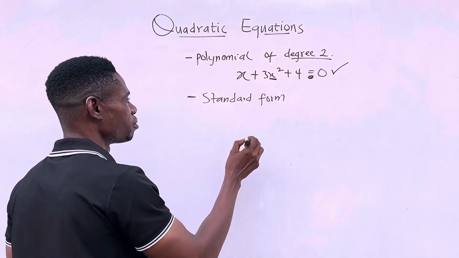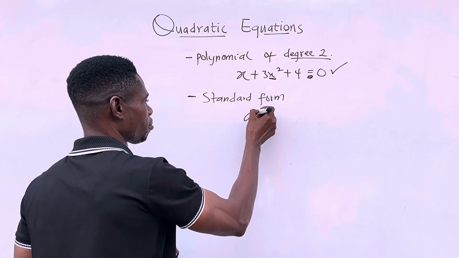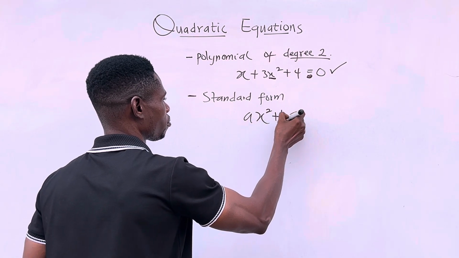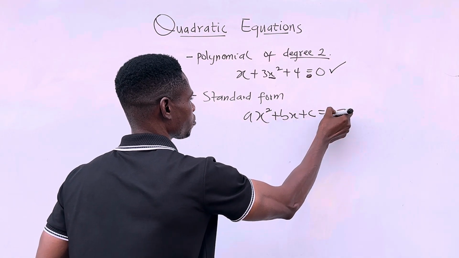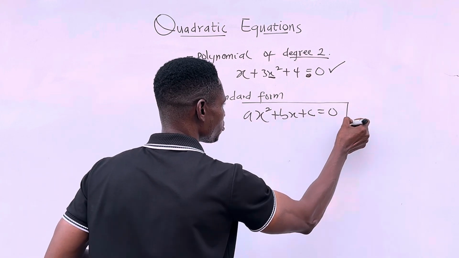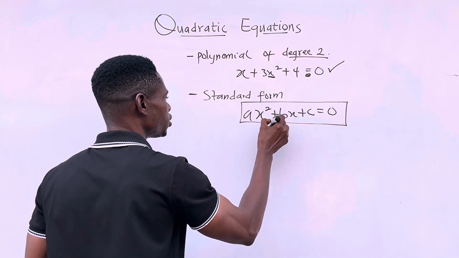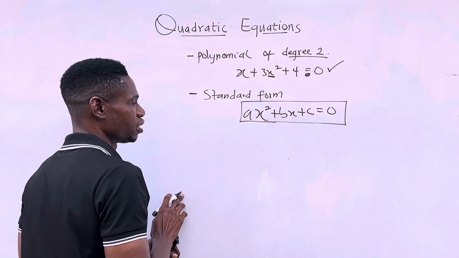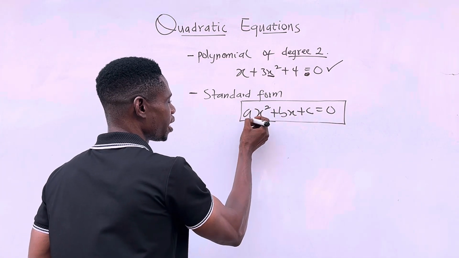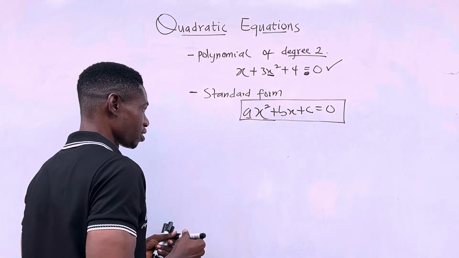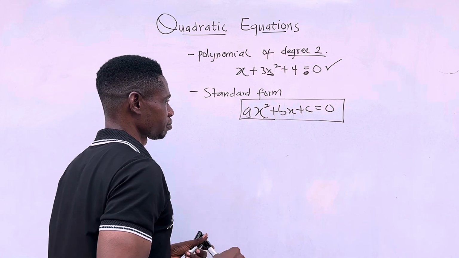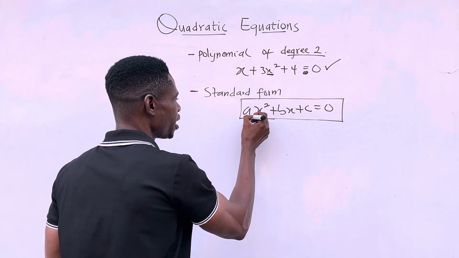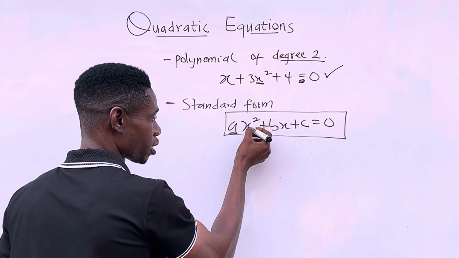And that standard form is ax squared plus bx plus c equal 0. So this is the standard form for a quadratic equation. Now watch, you have a, which is the leading coefficient, the coefficient of x squared.